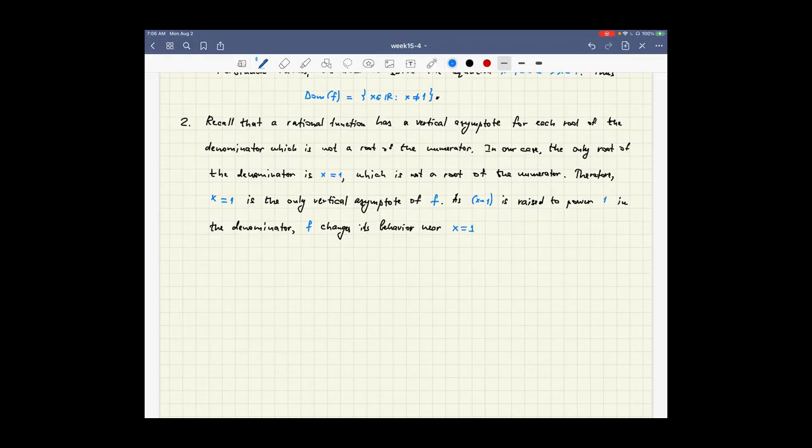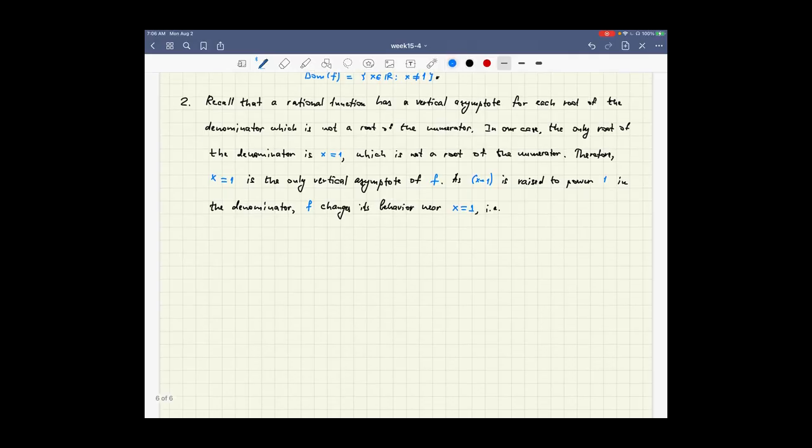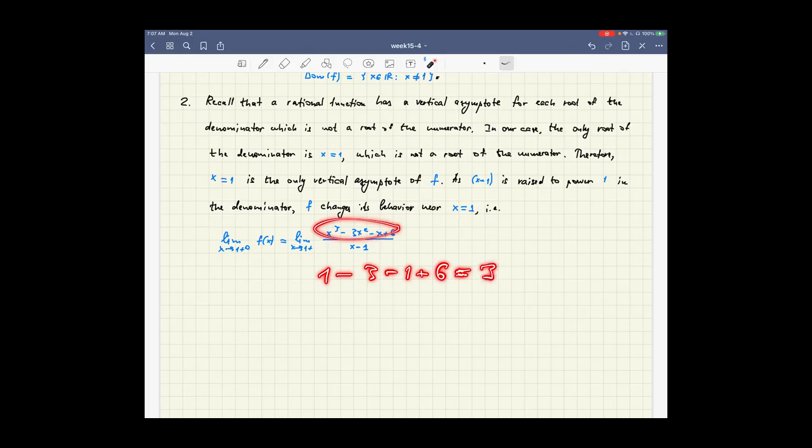More precisely, if you compute a limit at 1 from the right, so when x is close to 1, the numerator is close to what? 1 minus 3 minus 1 plus 6 is what? 5 minus 3, 2 plus 1 is 3, so it's positive.